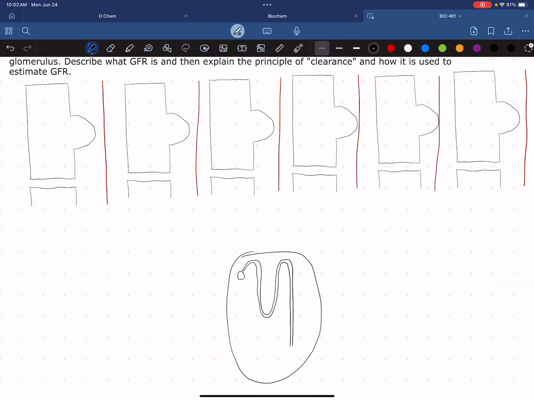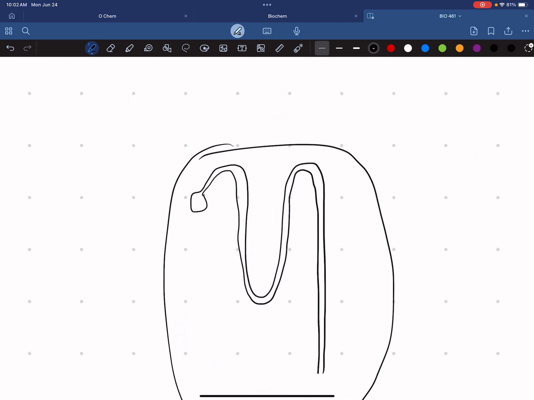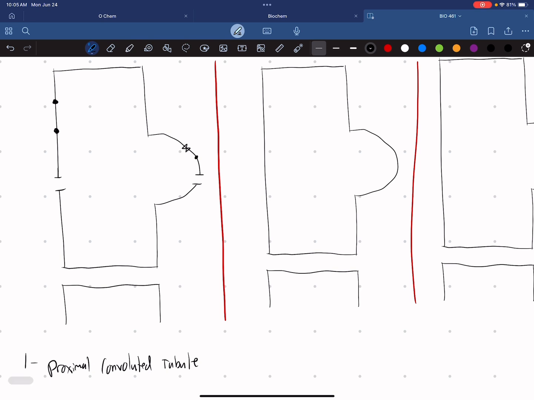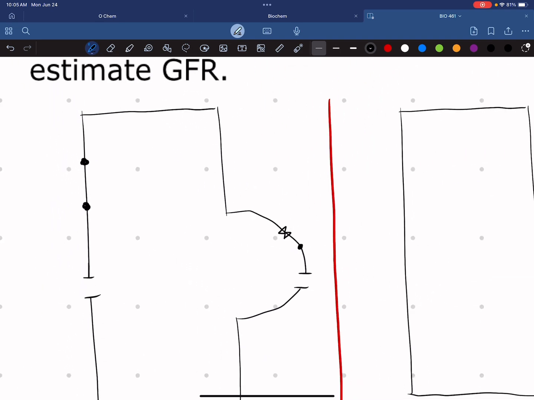So now we're going to talk about each section of the nephron here. So here we have number 1, which will be right here, which is the proximal convoluted tubule. Okay, so first here in the proximal convoluted tubule, we have different types of transporters here, different types of things that are going to be moving in and out of the cell.